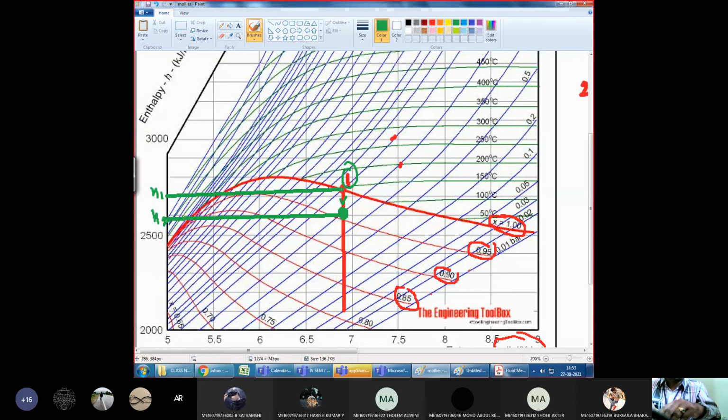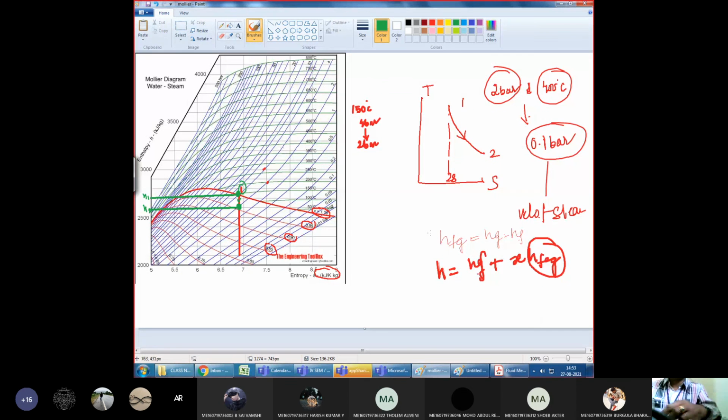Corresponding to these two points, note down the enthalpies. Then the velocity of the steam is V equals 44.72 into the square root of delta h. Using this formula, we can calculate the velocity of the steam. This is the procedure. Is it clear?